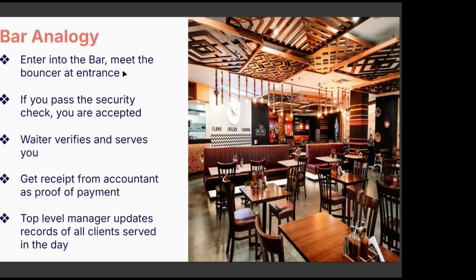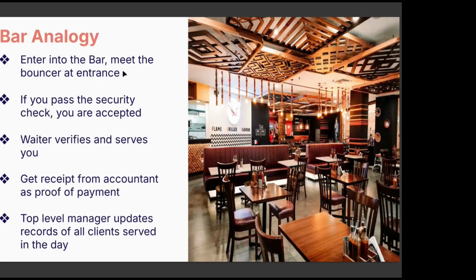So when you sit, the waiter has probably brought you a menu, then you've chosen what you want to be served, then you've made a payment. After making a payment, you call the waiter and say, let me show you, this is my proof of payment, this is what I've ordered.